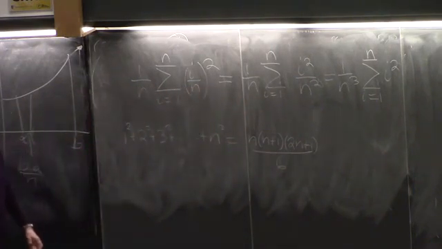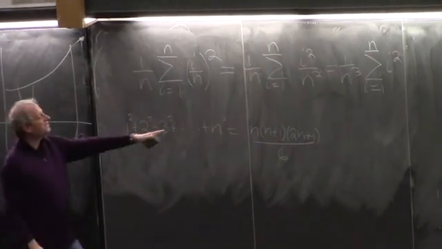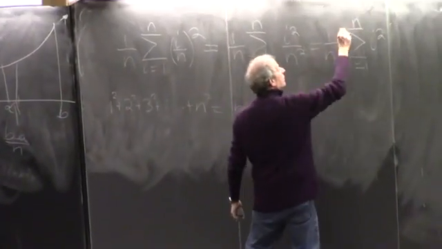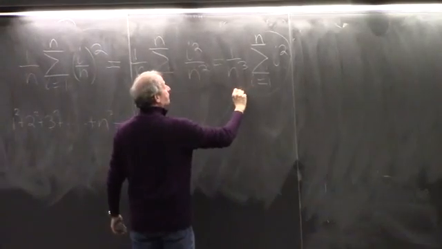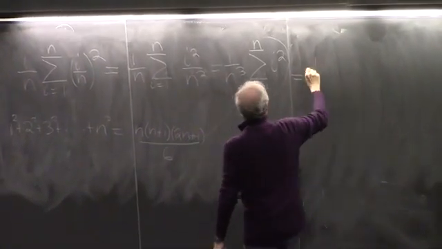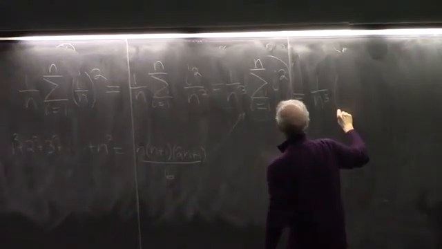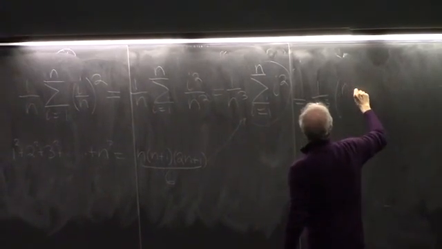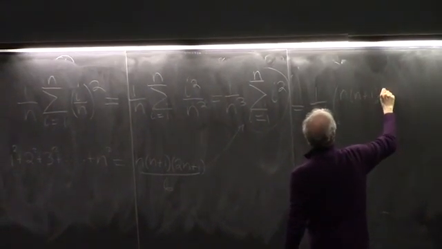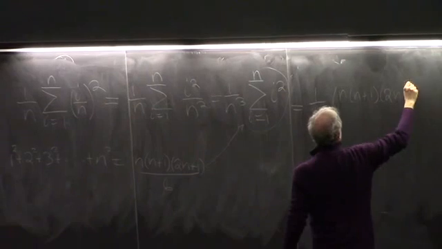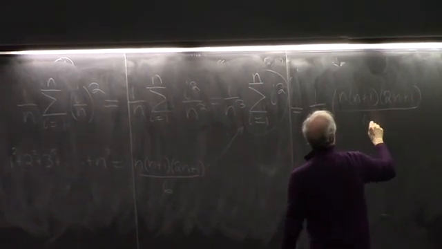It's equal to that. It's okay, you weren't supposed to memorize that. You weren't supposed to know that. We would tell you. So in other words, I can take this and replace it with that. So 1 over n cubed times n times n plus 1 times 2n plus 1 over 6.